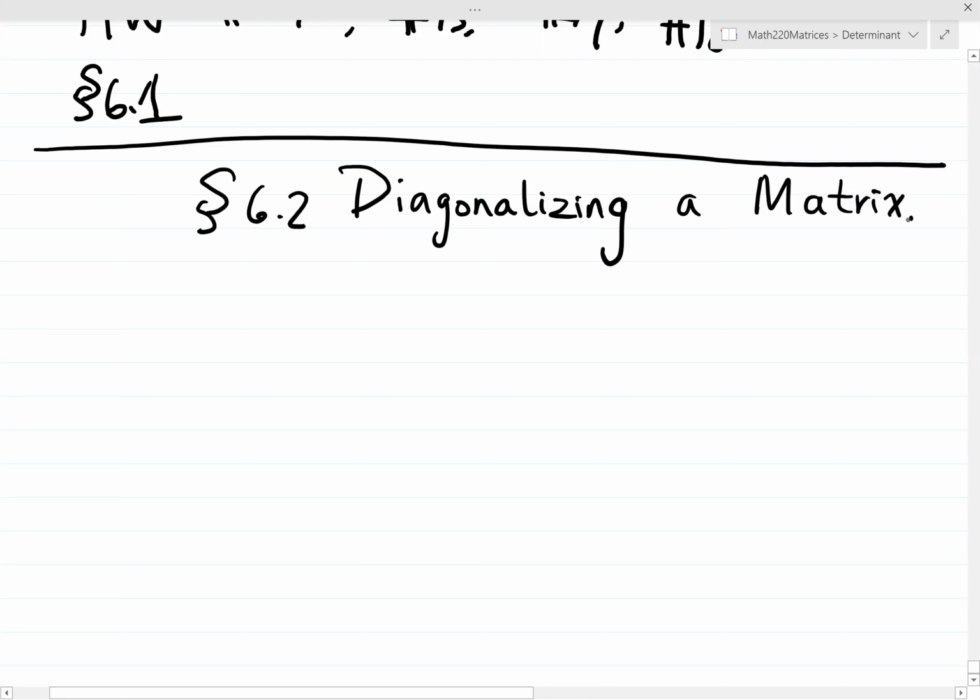Some diagonal matrices are easy. Diagonal matrices are easy to deal with because they are commutative. Suppose the matrix Gamma is a diagonal matrix with diagonal entries lambda 1 all the way to lambda n.